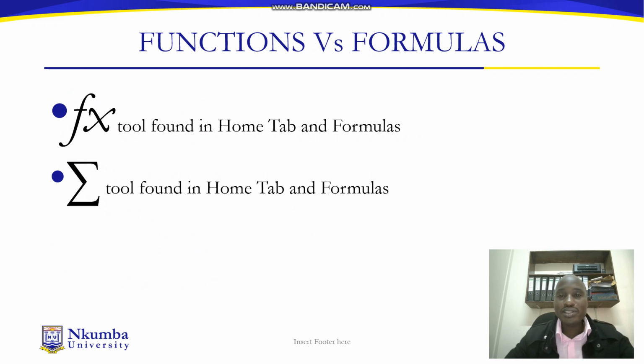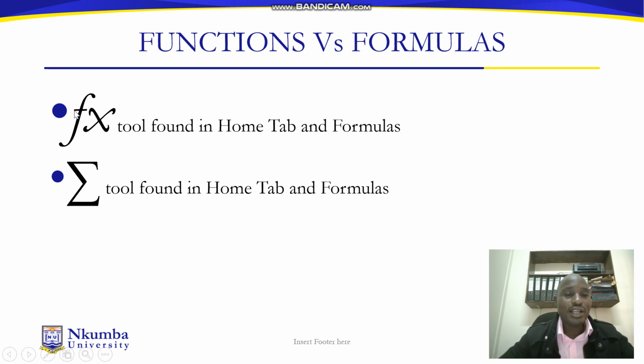And we have functions versus formulas. In Excel, we have inbuilt functions which come with the program. But you can also create your own formula. When you create your own formula, that's a formula. But when you use an inbuilt formula, then we are using a function.